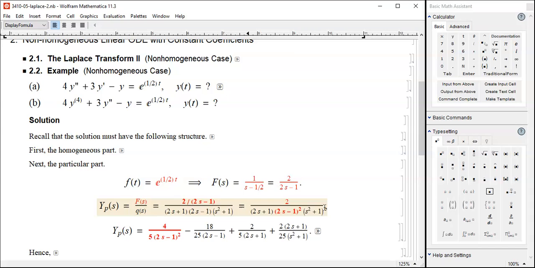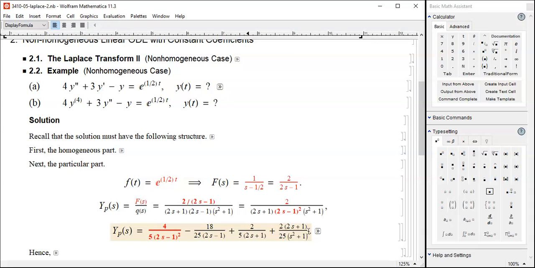Therefore, there's nothing undetermined here. We have to get complete coefficients here, and that's what I did. Take it apart through the decomposition by partial fractions.